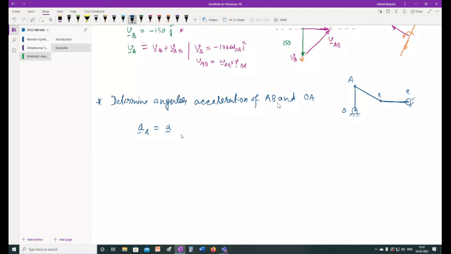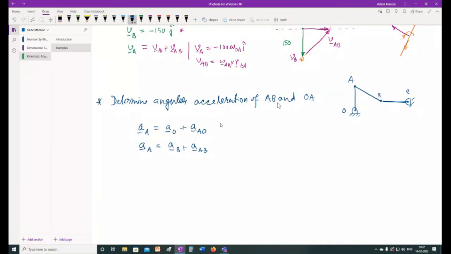Acceleration of A is acceleration of O plus acceleration of A with respect to O. There is another way you can write this: acceleration of B plus acceleration of A with respect to B. Okay.